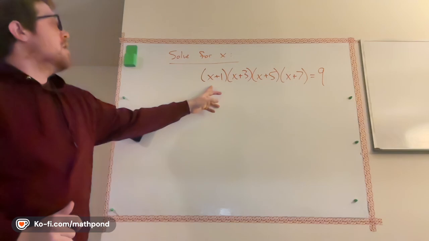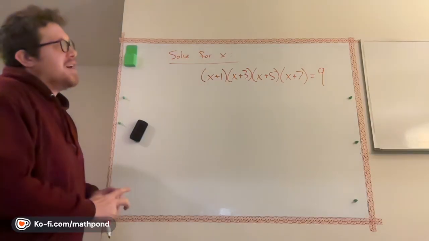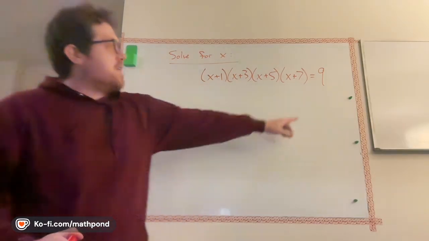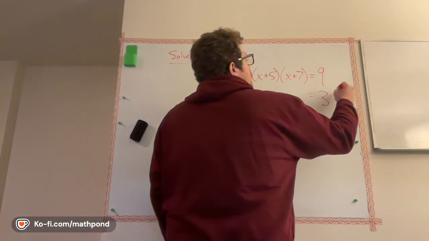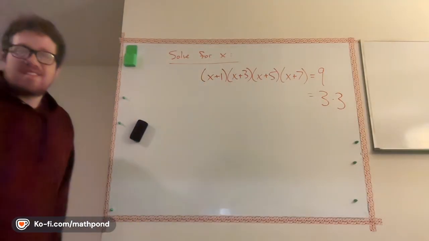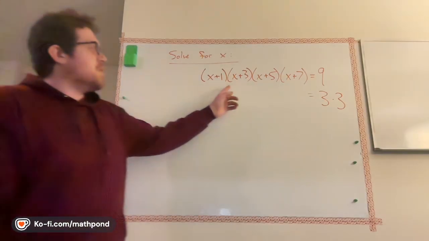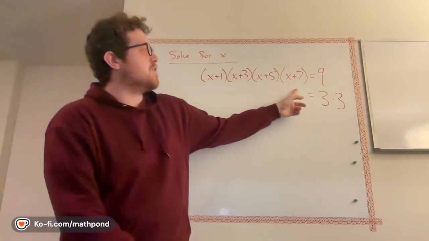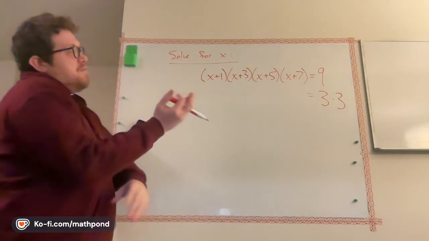But then again, a product of four things equaling 9 is not possible with integers, because 9 is 3 times 3, right? So there's gonna be a problem here if these are all integers. That could be one way of viewing the problem.